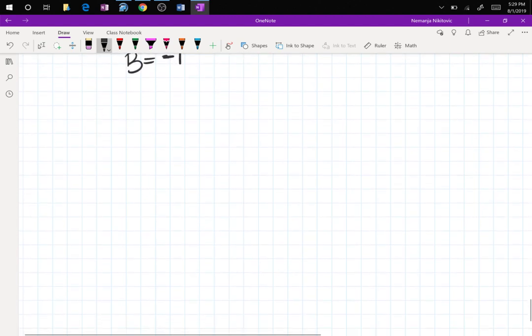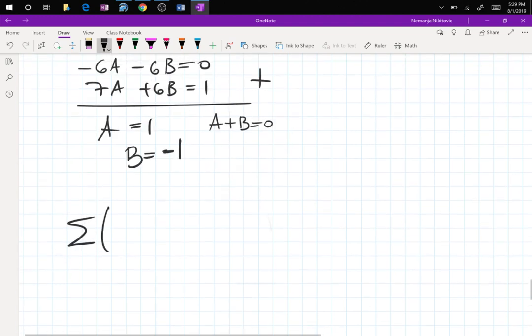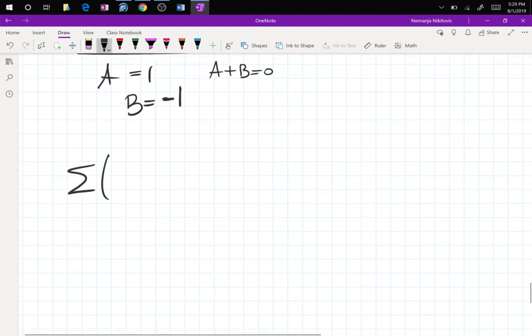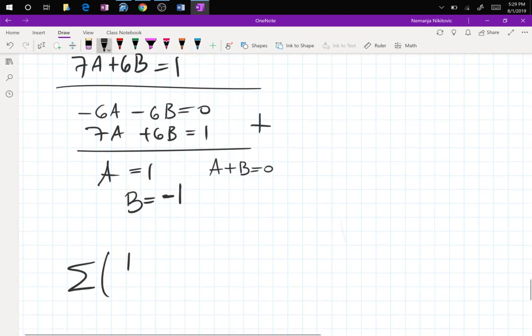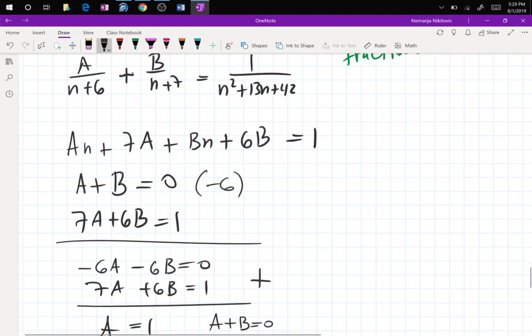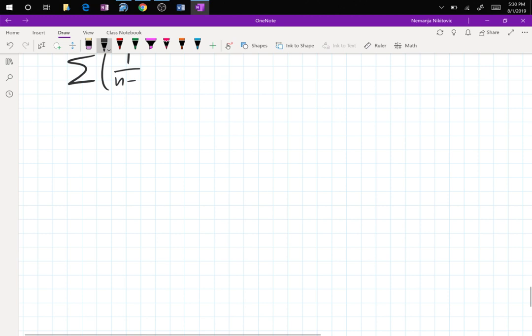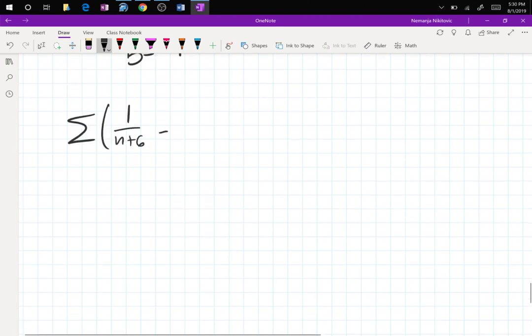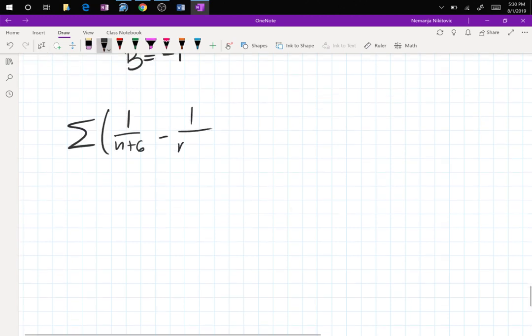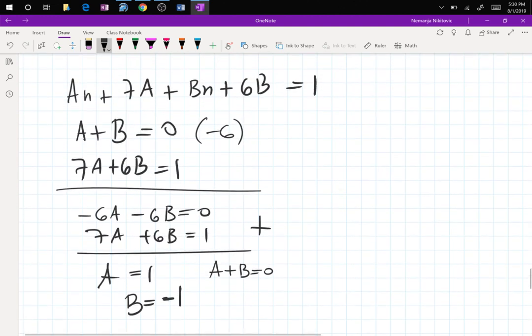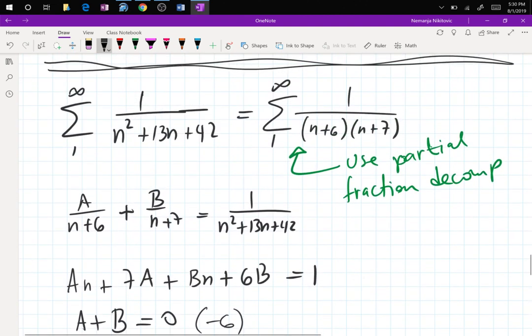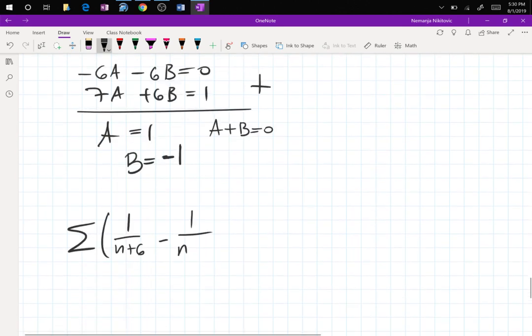So now I have summation. This is our previous problem. And now I'm going to have two series in here: 1 over n plus 6 minus 1 over n plus 7.